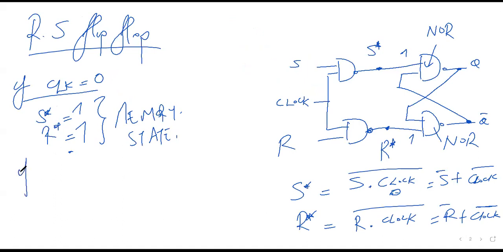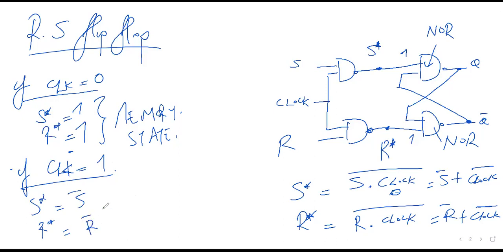If clock is equal to 1, I'm hoping it can be clear with the next state here. If clock is equal to 1, what is my S star and what is my R star? S star is equal to S bar.